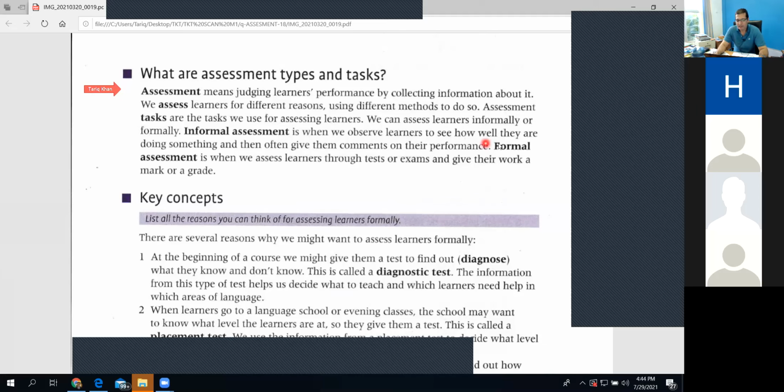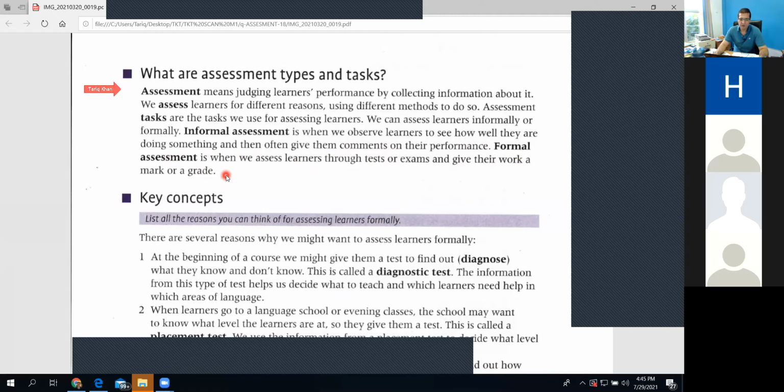Formal assessment is when we assess learners through tests or exams and give their work a mark or grade. Is this clear?